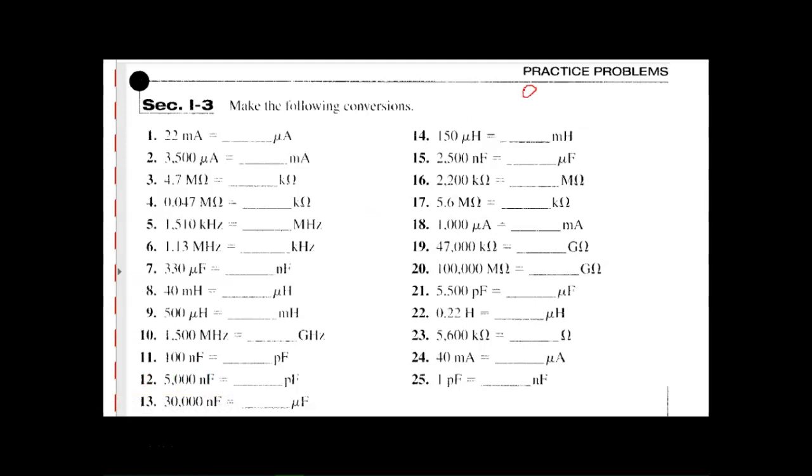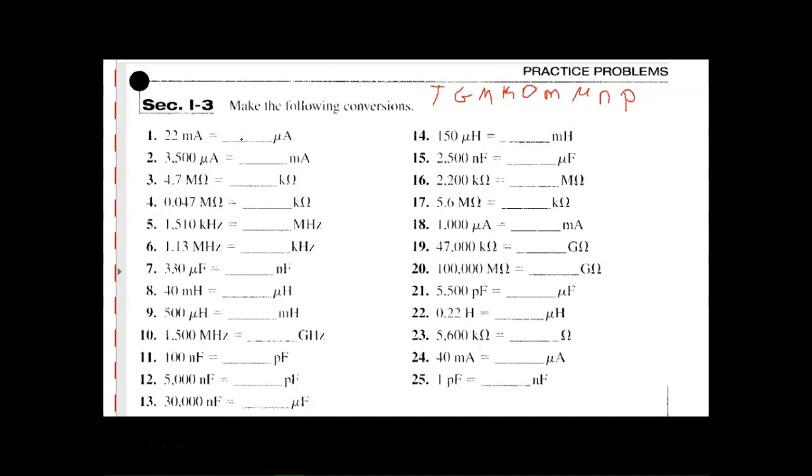So here you have the 0 or the whole numbers, kilo, mega, giga, tera, milli, micro, nano, and pico. So for the first one, for example, we are moving from milliamps to microamps.